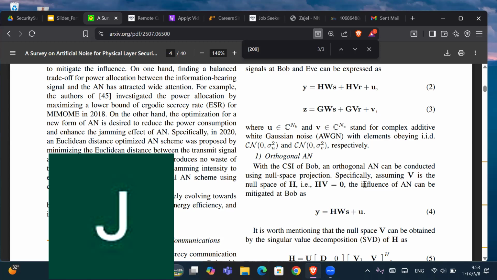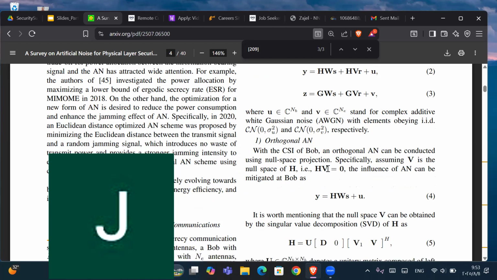Bob will not get affected by the artificial noise interference, but Eve is the only receiver that will get affected by the noise added at the transmitter. So with the channel state information of Bob, an orthogonal artificial noise can be conducted using null space projection. Specifically, assuming V is the null space of H, HV equals 0, the influence of AN can be mitigated at Bob as follows.